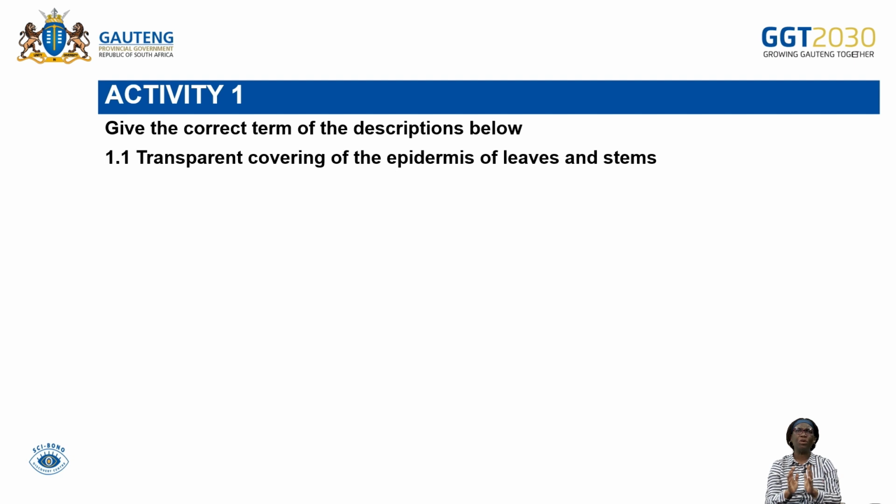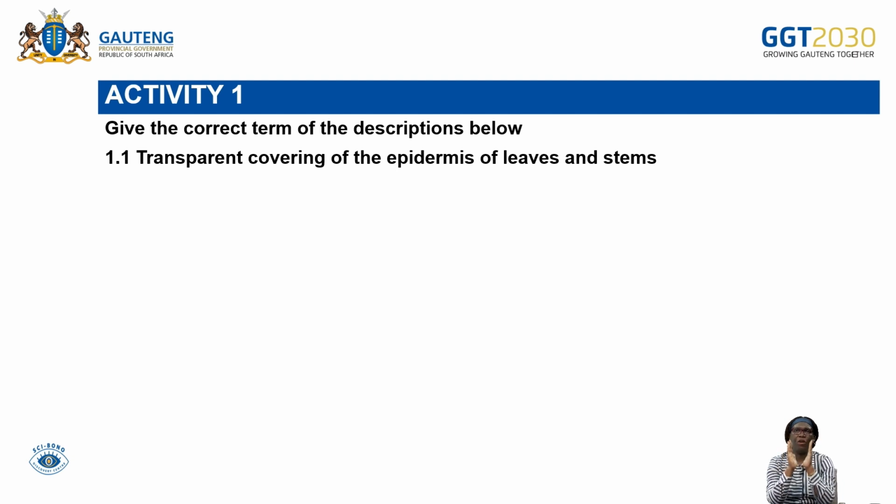What is photosynthesis? So now we are having activities. Activity 1 is based on terminology. Earlier on, I said that terminology forms the backbone of the topic. So now we are going to answer these questions on terminology.